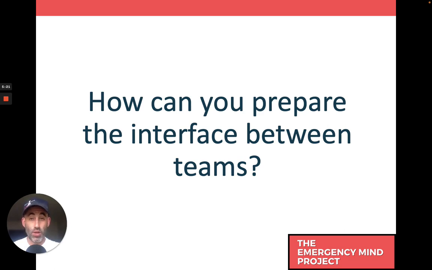You have to make sure that you're both shaking hands in the right way. Probably this involves things like talking to the other team you might be smashing with and setting some ground rules for how that smash is going to look like, right? What are you going to say to each other? Who's going to be in charge in what circumstances? How can you negotiate as much as possible ahead of time what that boundary is going to look like to make sure you're in one of those 1 + 1 = 3 scenarios?